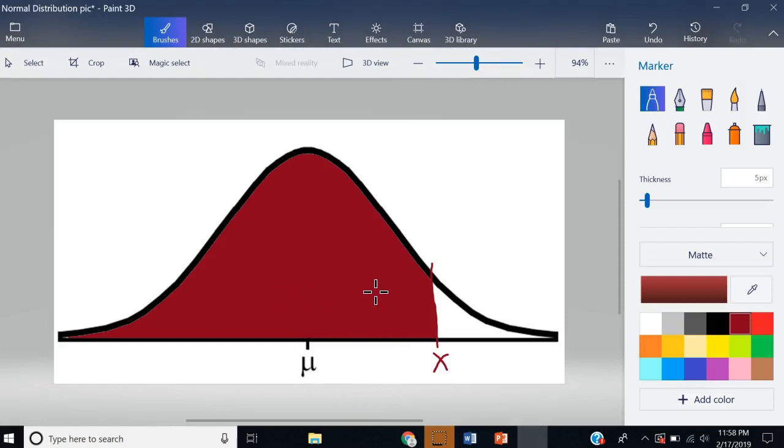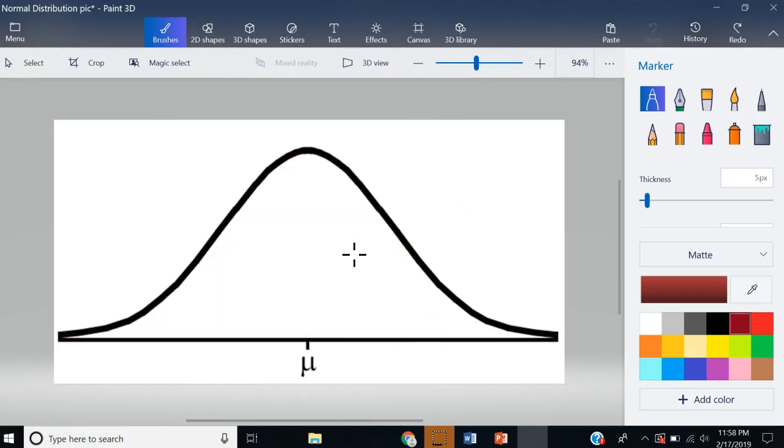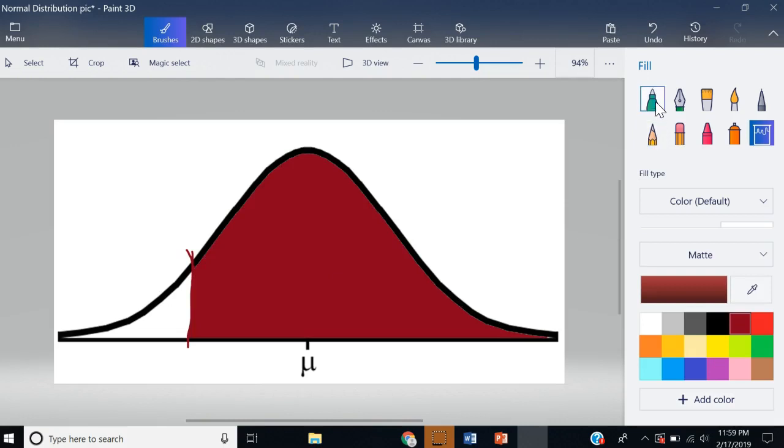Is the red area make sense? Hopefully you say no. This would be the value is more than 90% of the others. So what we need is the opposite: this college graduate owing less than 90% of others.